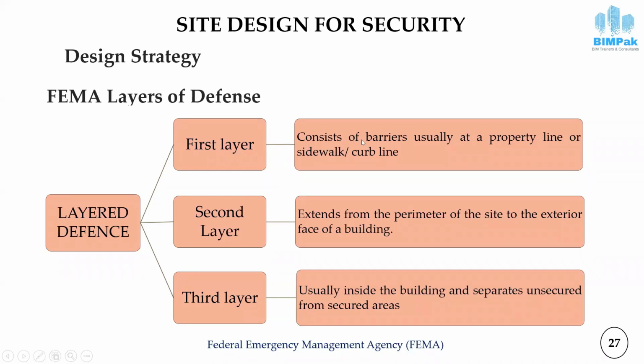First defense line consists of barriers usually at the property line of the sidewalk or curb line. The second layer extends from the perimeter to the exterior face of the building. And the last one is usually inside the building, and that separates the unsecured and secured area.